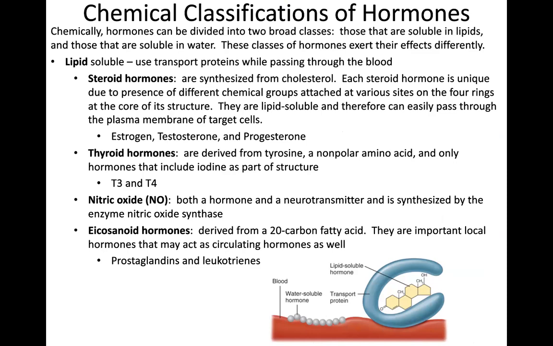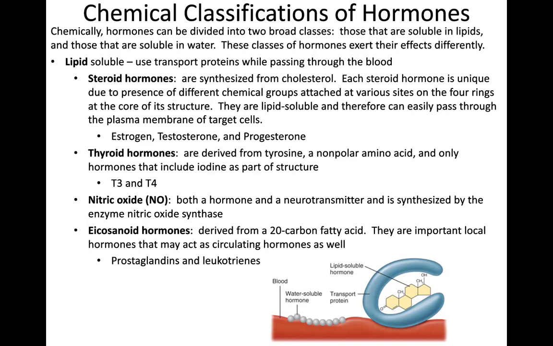There are two classes of hormones based on their chemical makeup: those that are soluble in lipids, what we literally call the lipid-soluble hormones, and those that are soluble in water, what we would literally call the water-soluble. These classes of hormones exert their effects differently, and that's what we'll talk about for the next several slides. Here on this page, we see what we call the lipid-soluble hormones.